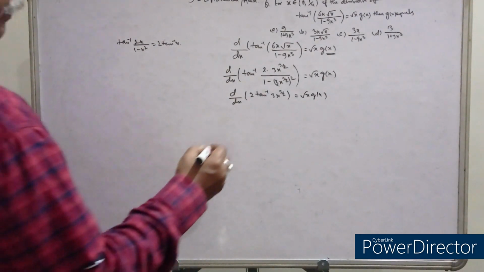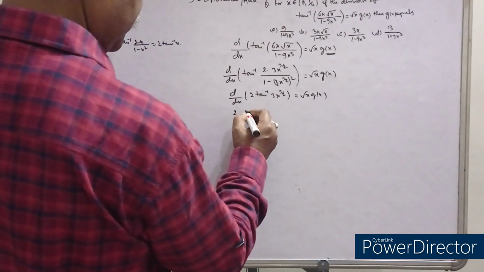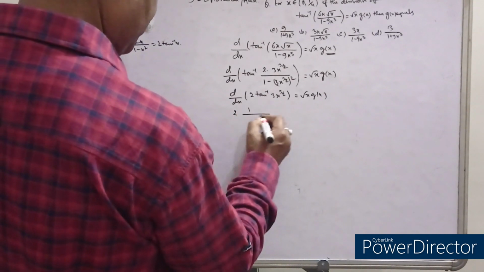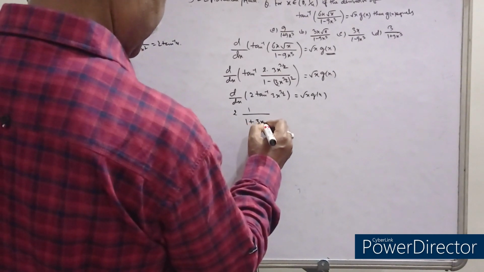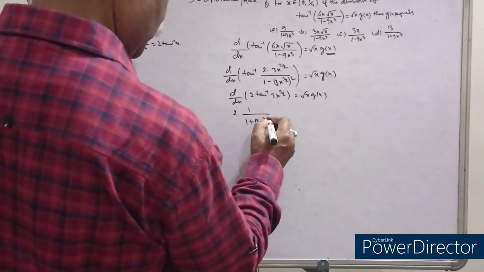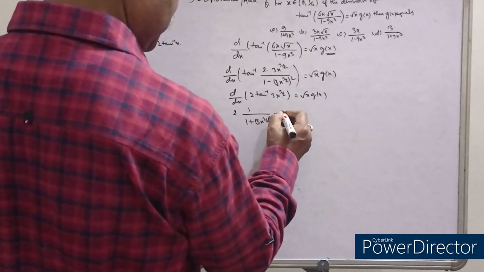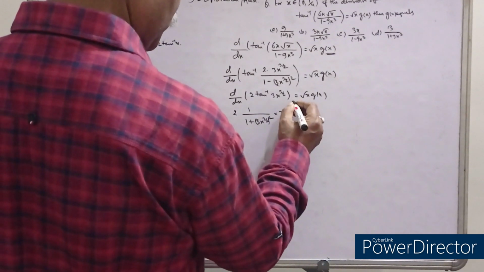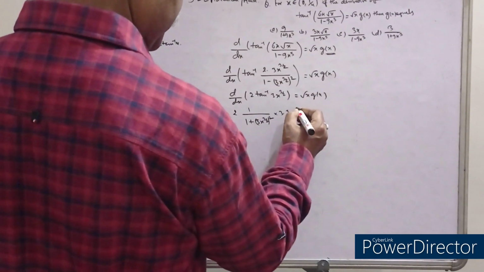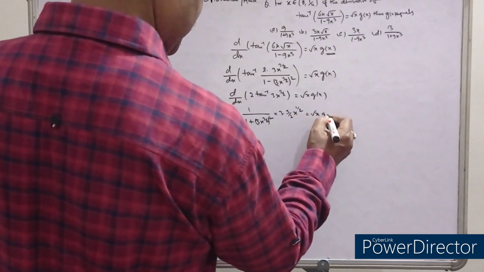Now the differentiation of tan inverse x is 1 by 1 plus x square, so 1 plus 3 x to the power of 3 by 2 the whole square, and then there is the chain rule, so this will be 3 into 3 by 2 x to the power of 3 by 2 minus 1, that will be equal to root x g(x).